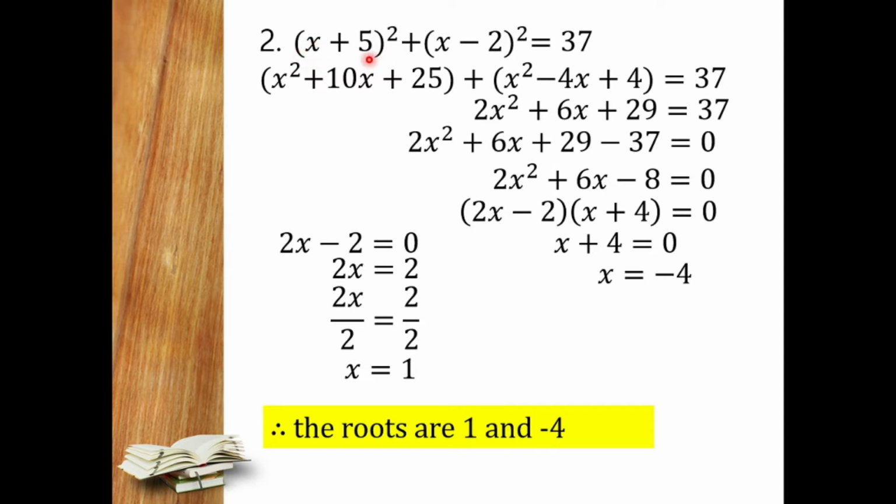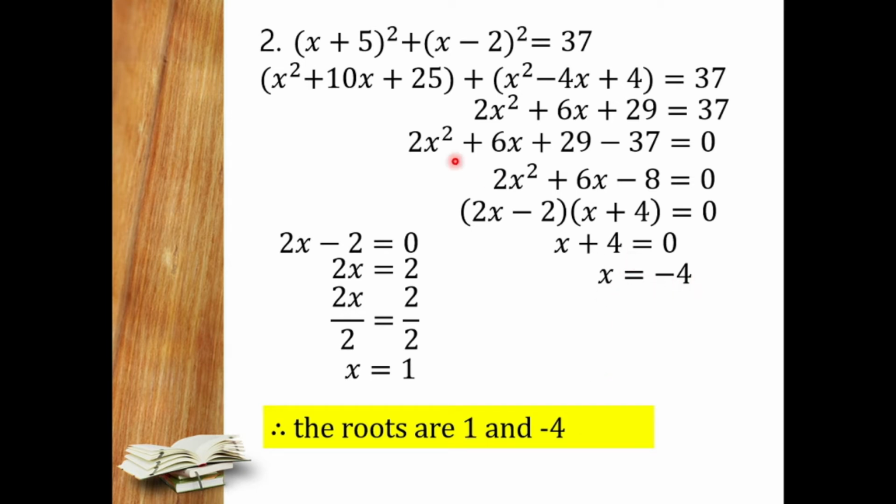Since 1 plus 5 is 6, so that makes 6 squared equal to 36 plus x minus 2. So we have 1 minus 2 is negative 1. Negative 1 squared is still 1. So 36 plus 1 is equal to 37. So it is a true solution, or a true real root, the 1.